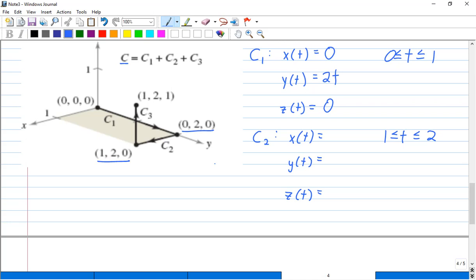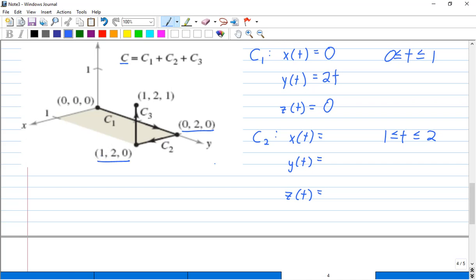So look at the x coordinates here. We want to go from 0 to 1. But not only that, we want to plug in a 1 for t to get out a 0. We want to plug in a 2 for t to get out a 1.